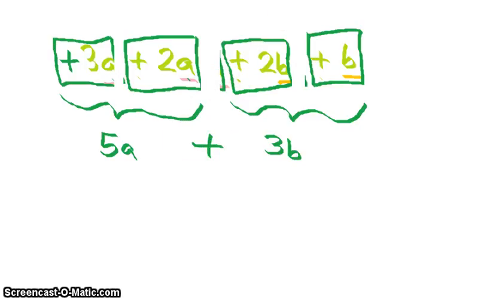So this is your answer. You cannot simplify the expression any further. Ideally we write it closer: 5a plus 3b. Okay, let's do some practice, and we'll see how things go.